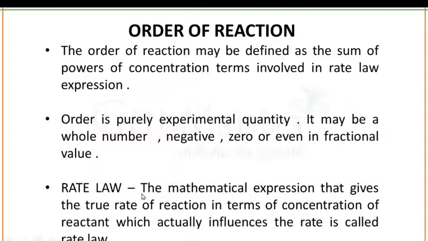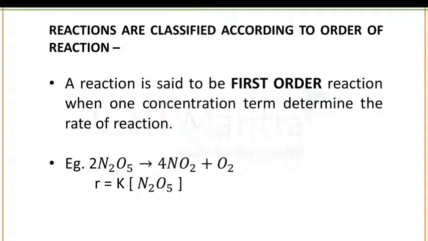Now about rate law. The mathematical expression that gives you the true rate of reaction, the true speed of a reaction in terms of the concentration of reactant which actually influences the rate, is known as rate law. Now, reactions are classified according to the order of reaction.